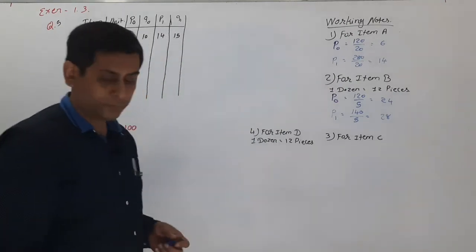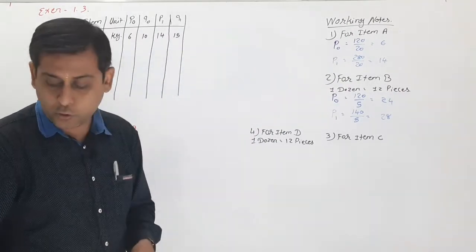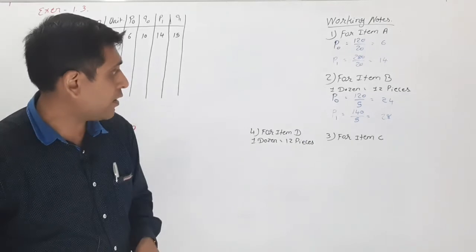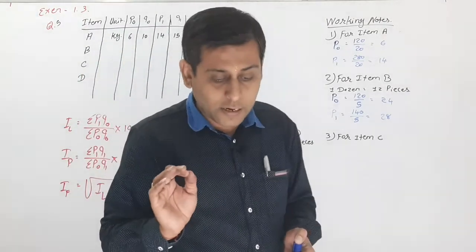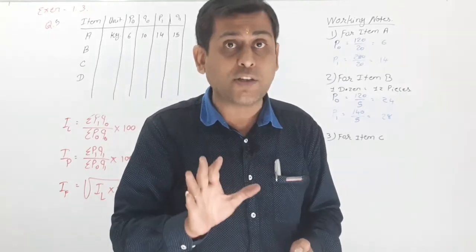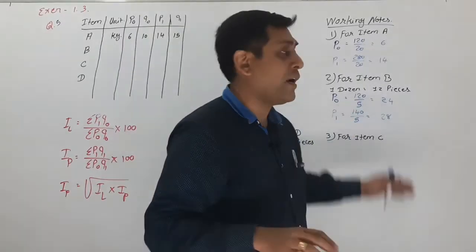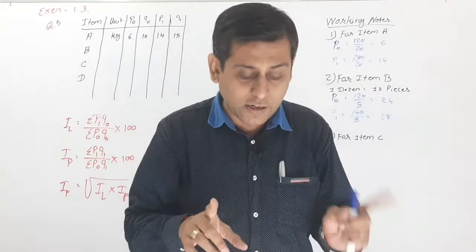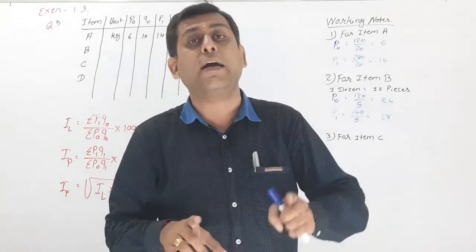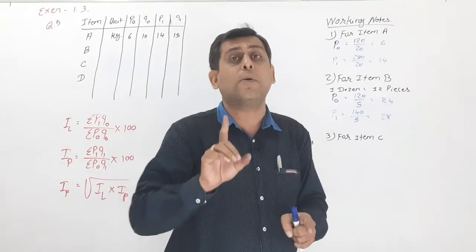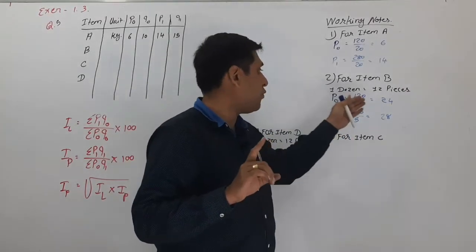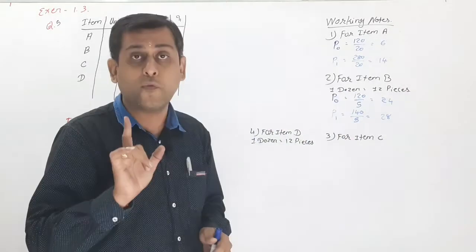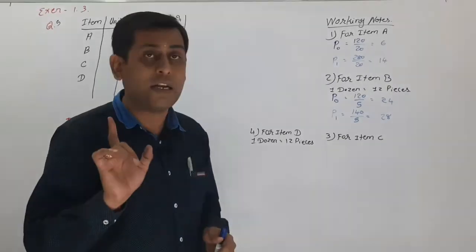So here the prices of the two years are 24 and 28 per dozen, right? It is the price of 5 dozen that is given. Here 120 is the price of 5 dozen and 140 is also the price of 5 dozen. But we want the price of only 1 dozen. That's why we are dividing by 5 and we got the price per dozen, that is 24 and 28.